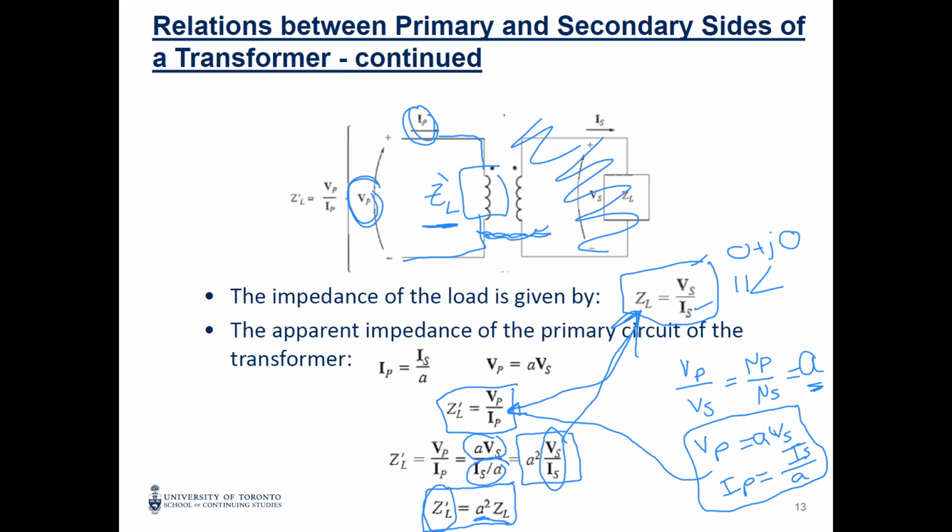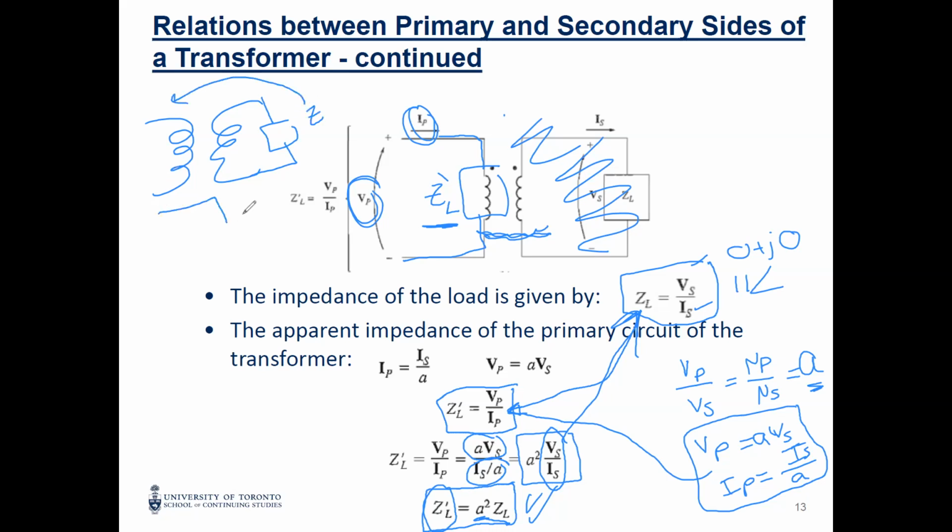This is actually very, very important, and we are going to use this a lot. We call this referring, and it means you moved something from one side of the transformer to the other side. You moved maybe resistance, reactance, you move this impedance to there.